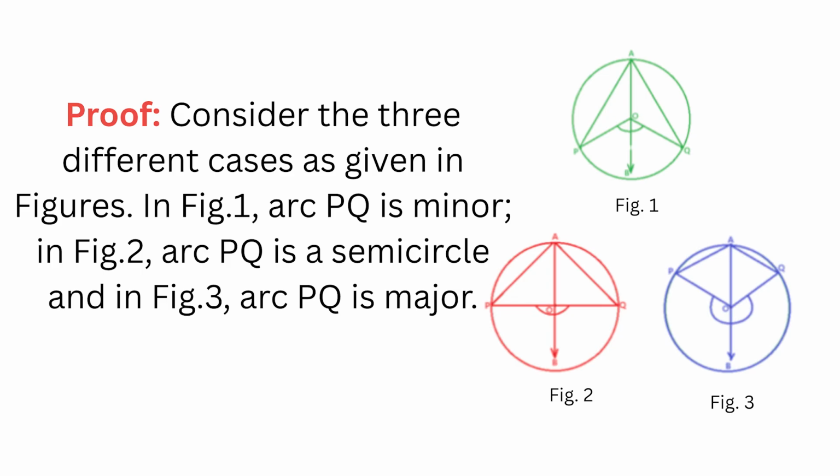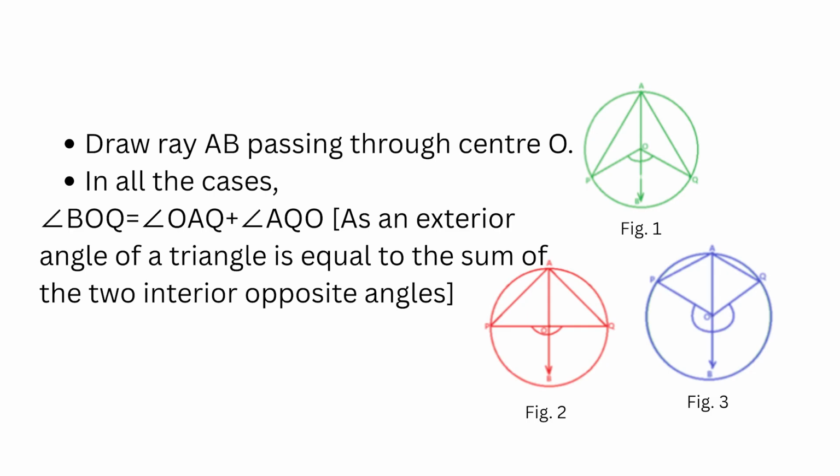In figure 2, arc PQ is a semicircle, and in figure 3, arc PQ is a major arc. So three different arcs we have taken: one is minor, one is major, another one is a semicircle. Now, what to do in order to prove? Draw ray AB passing through O.